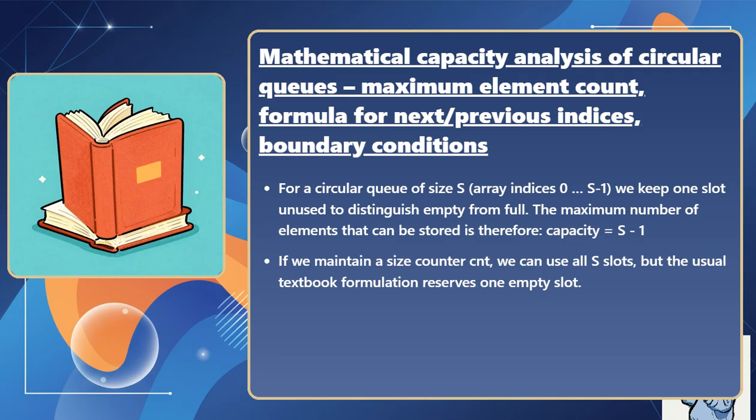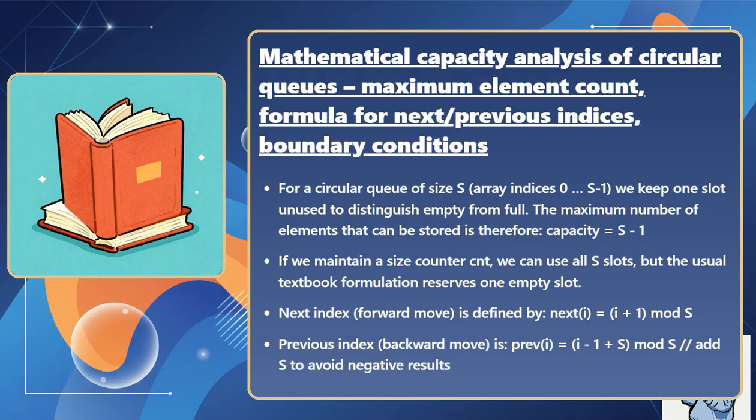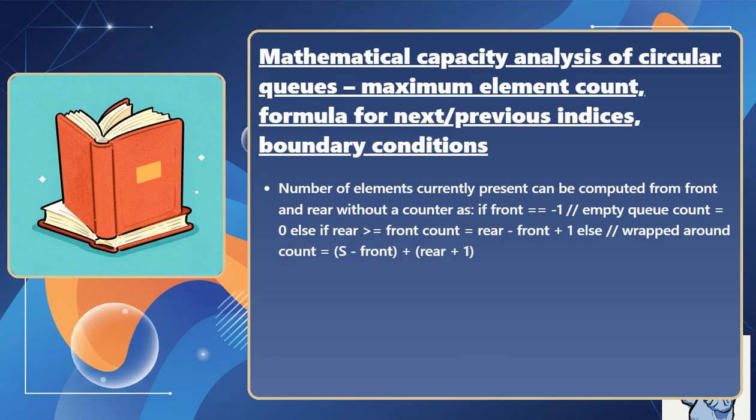If we maintain a size counter CNT, we can use all S slots, but the usual textbook formulation reserves one empty slot. Next index, forward move, is defined by next of I equals (I + 1) mod S. Previous index, backward move, is defined by previous of I equals (I - 1 + S) mod S, adding S to avoid negative results.